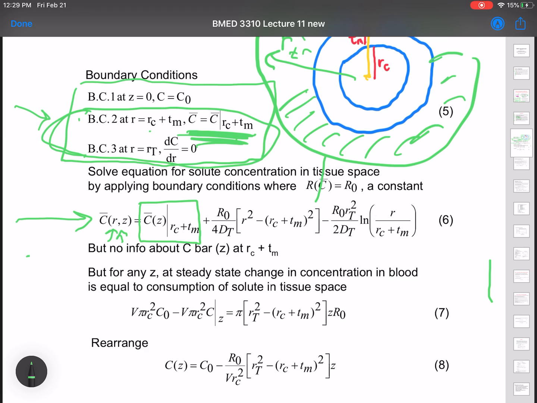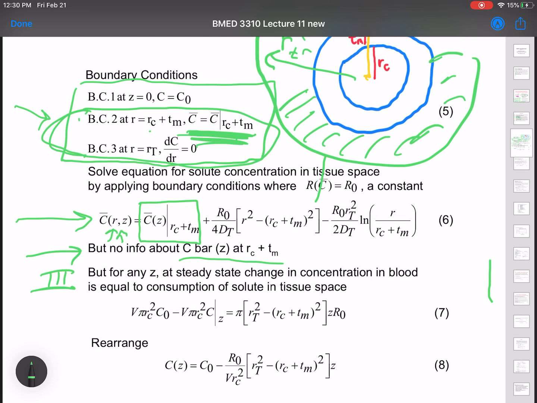Okay. And then she states we don't have the information about the C bar at the wall in the tissue. So that's why she does this next mass balance, number 3. It's actually the same as number 1.